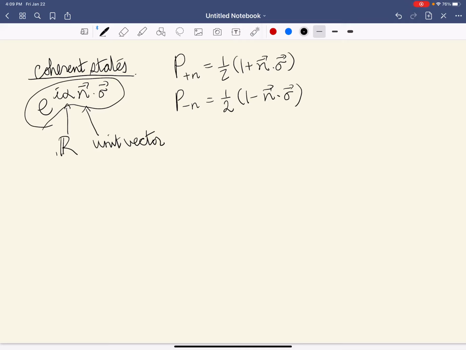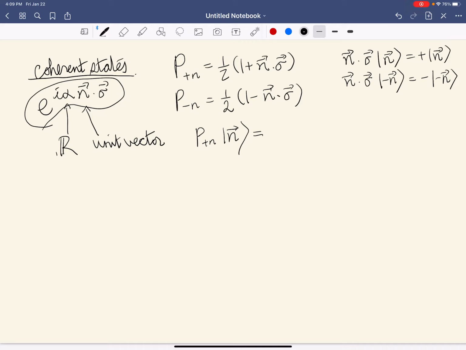Again, why is this a projector? Well, P plus n acting on the coherent state n. Now, this coherent state, remember, is the eigenstate of this operator with plus 1 eigenvalue, and there's the other coherent state whose eigenvalue was minus 1.